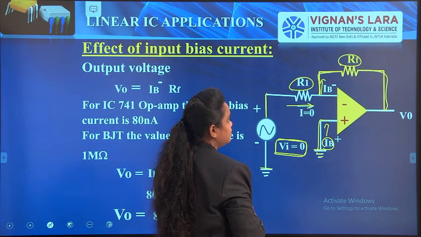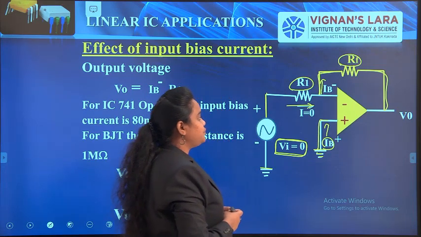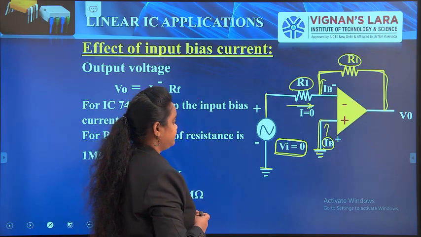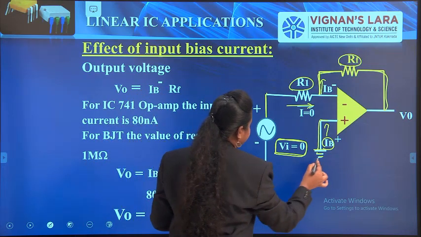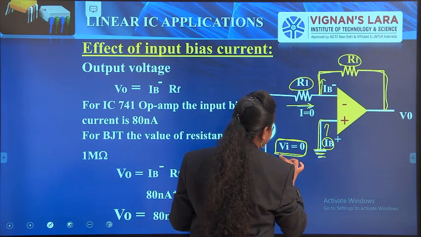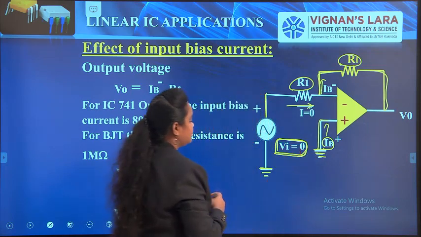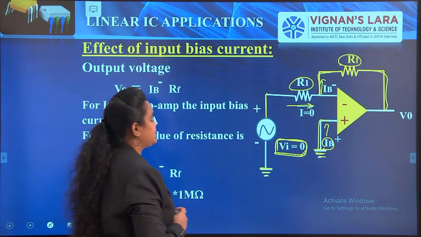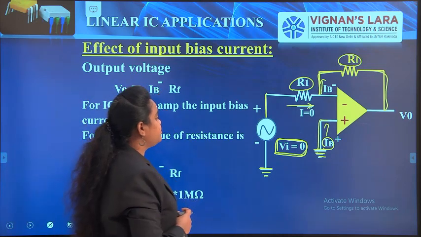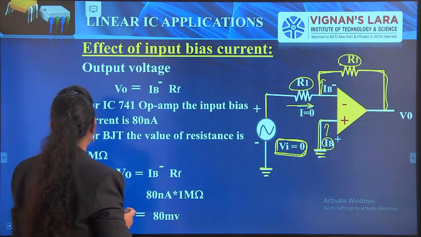Here RF is the negative feedback resistor. Here we are going to take both input terminals as grounded. That means VA is taken as 0. So this is the circuit with which I am going to explain the effect of an input bias current.